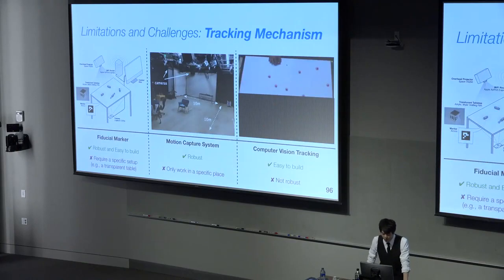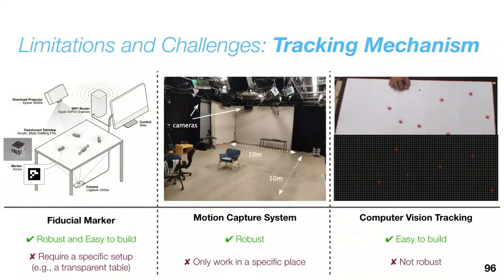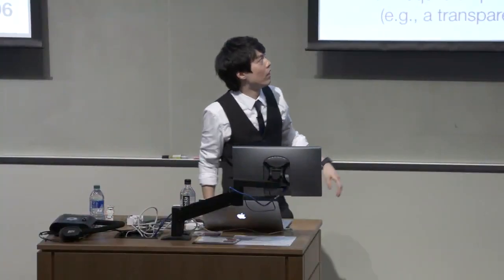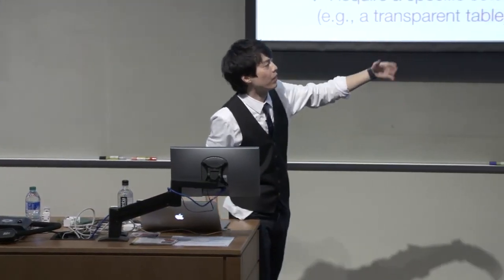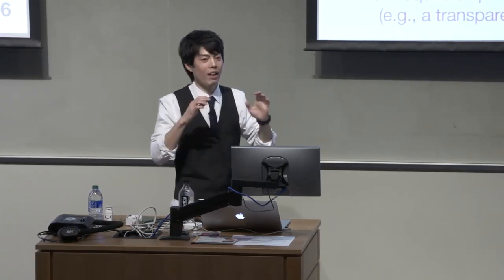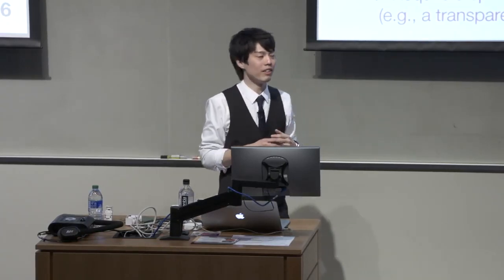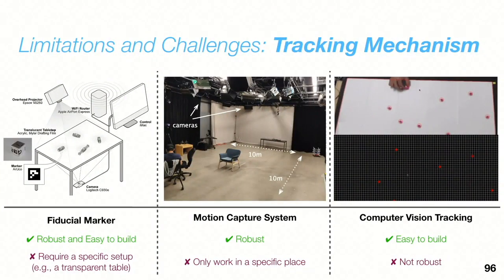Particularly about the first topic, we have been using the easier way to deploy because our main goal is to make a proof of concept. For example, we use a fiducial marker on the bottom of the robots, or a motion capture system, or sometimes computer vision. But these are not very robust, as well as costly tracking systems.